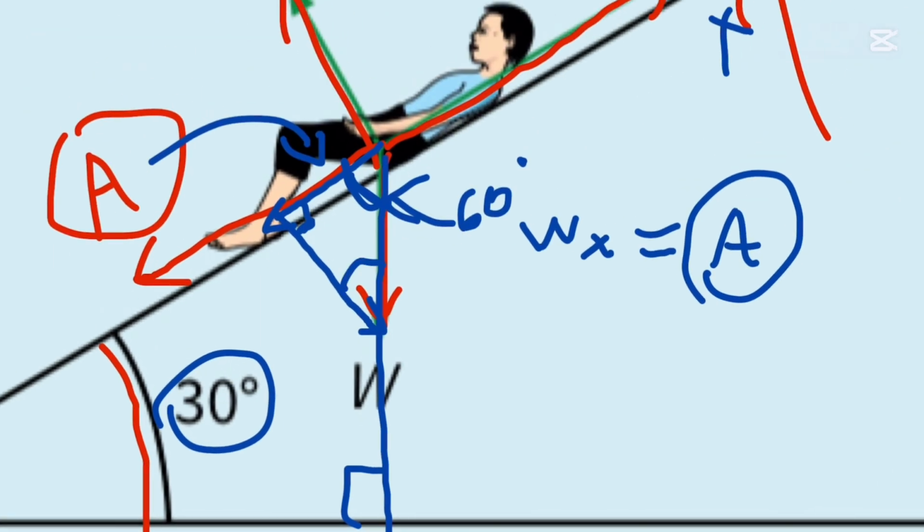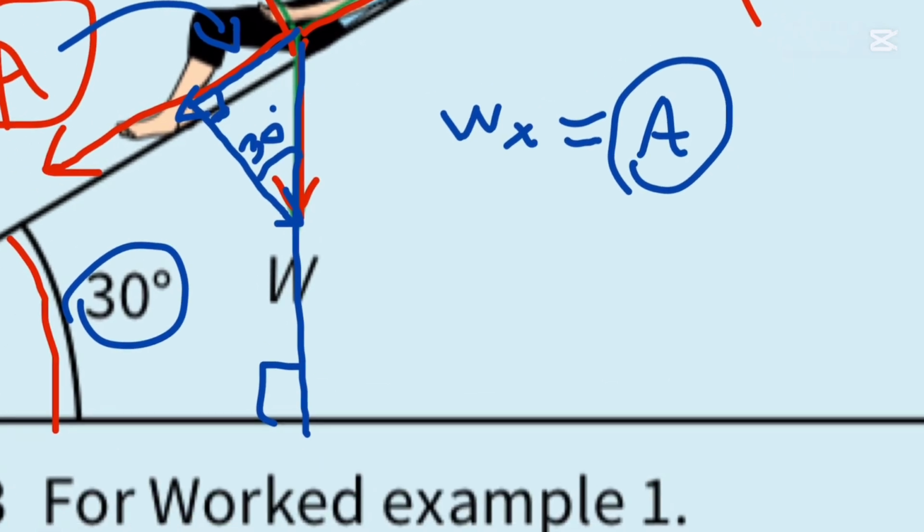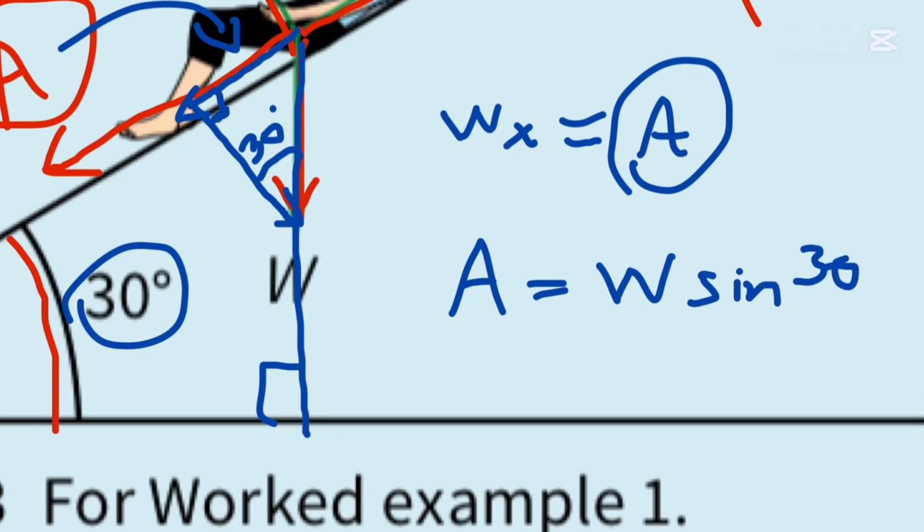So this angle is 30 degrees. If we know W, we can find A using trigonometry. Wx or A is gonna be equal to W sine 30. So that's how we get the equation this time.